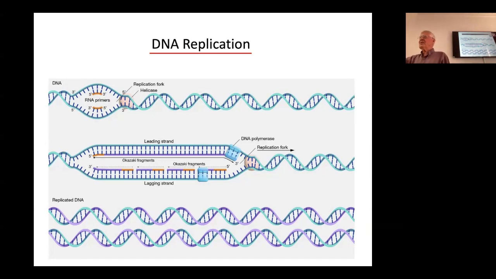And so one end, the 3' carbon sticks up, and the other end, the 5' carbon sticks up. But the main point is the ends are chemically distinct in their structure, and you always add to the 3' end. So what happens then is that an enzyme will come in, recognize this as a place where it can add DNA.